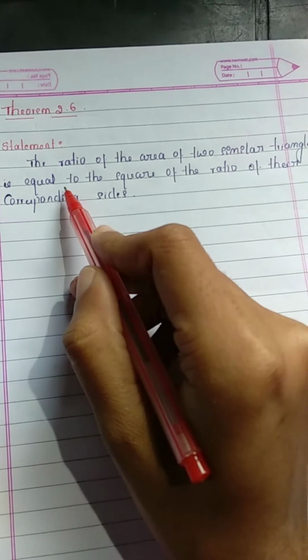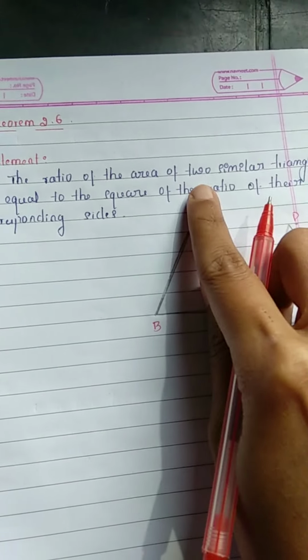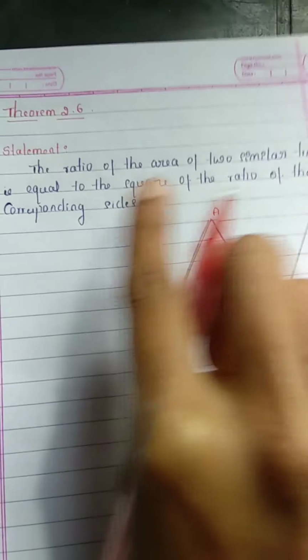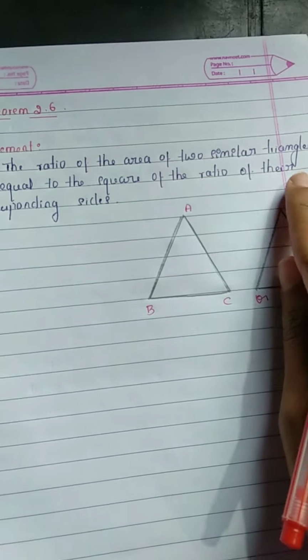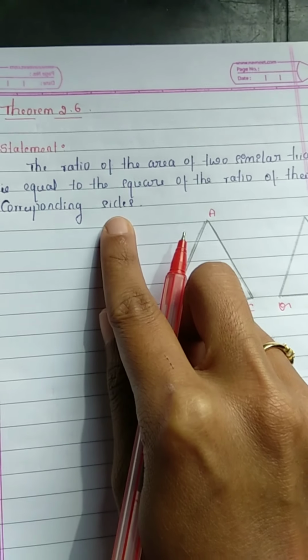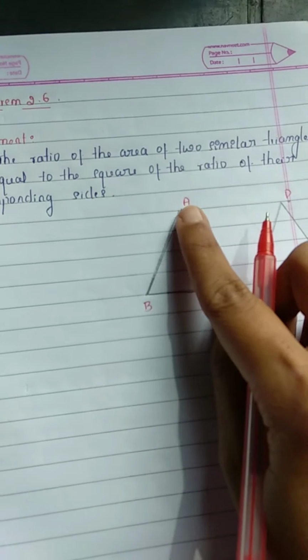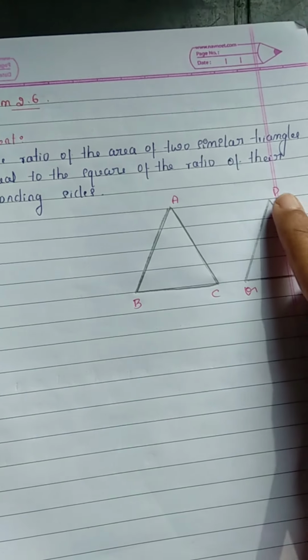So consider two similar triangles ABC and PQR. The ratio of the area of two similar triangles is equal to the square of the ratio of their corresponding sides. For a side AB, the corresponding side is PQ.